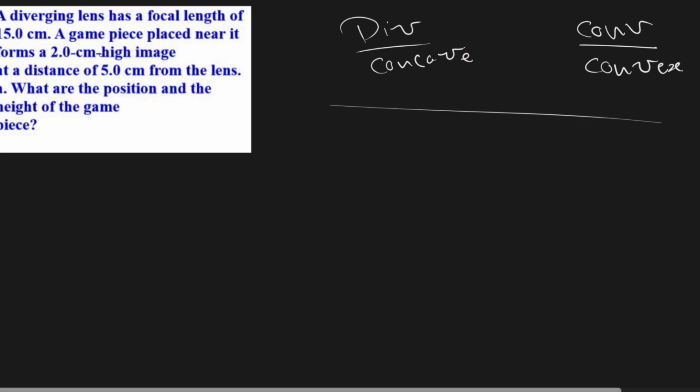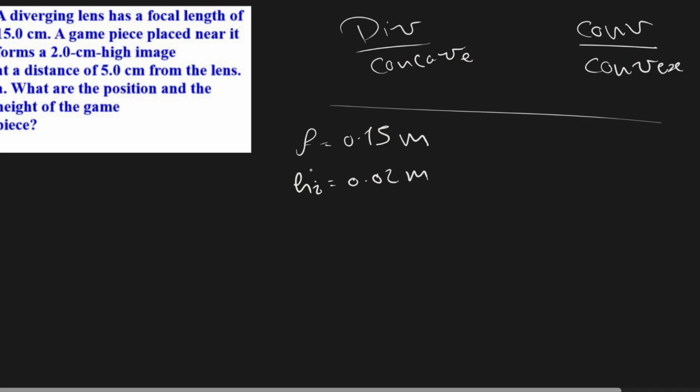So a diverging lens has a focal length of 15 centimeters. So we know that f is equal to 0.15, and then that's meters, of course. A game piece placed near it forms a 2 centimeter high image. So we know that the height of the image is equal to 2 centimeters, which is 0.02 meters.